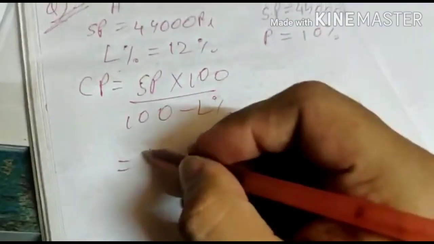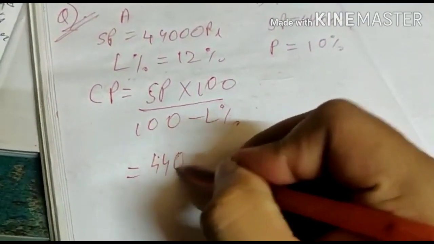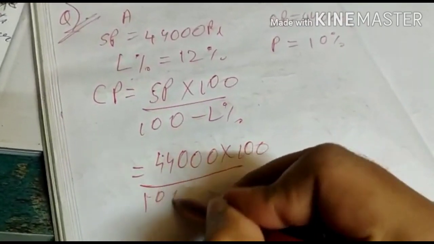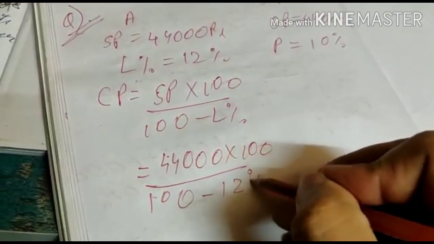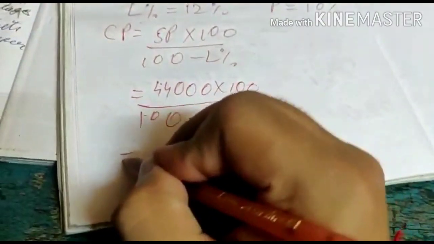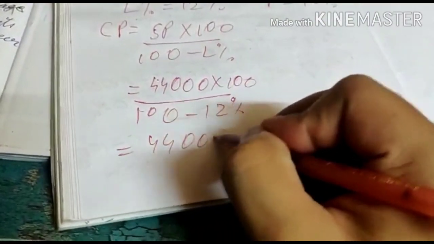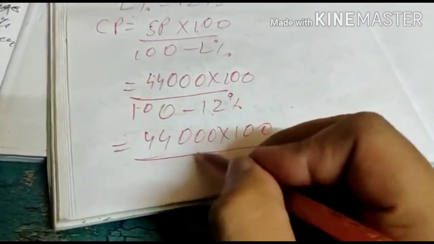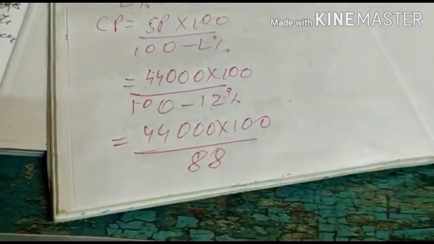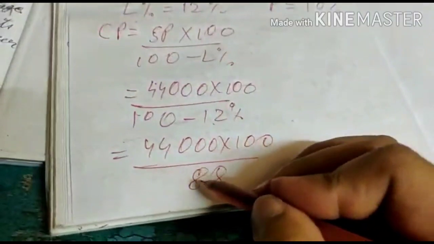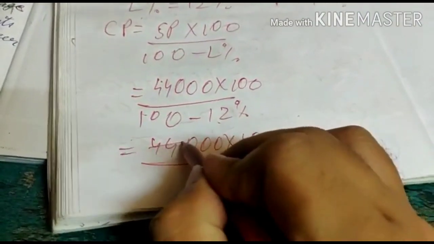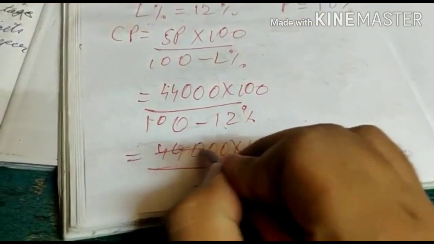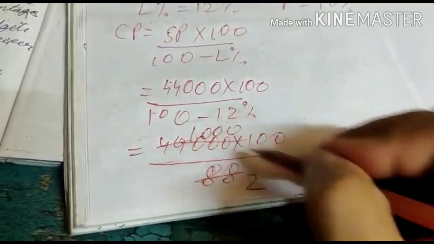So SP is 44,000 into 100 upon 100 minus 12, which means 88. Okay, if we start reducing it, 44 twos are 88, so we will get 1000 here.